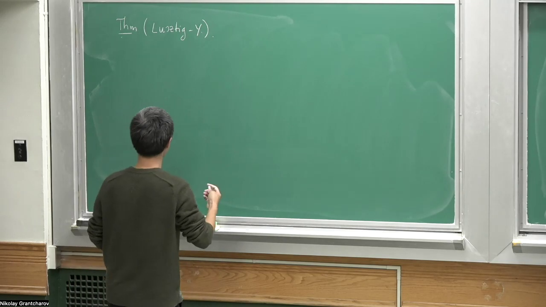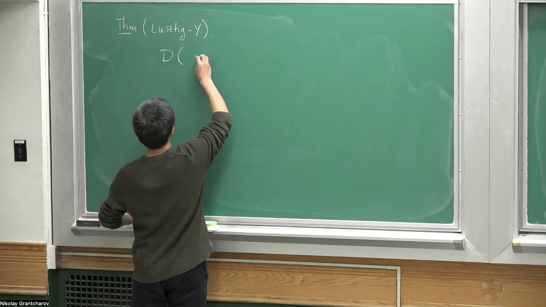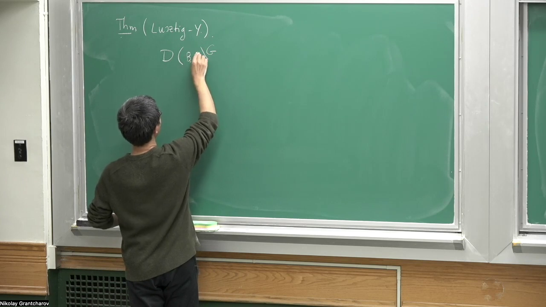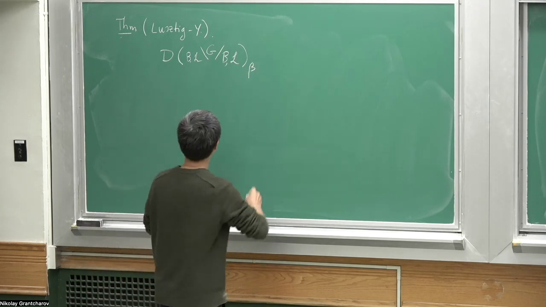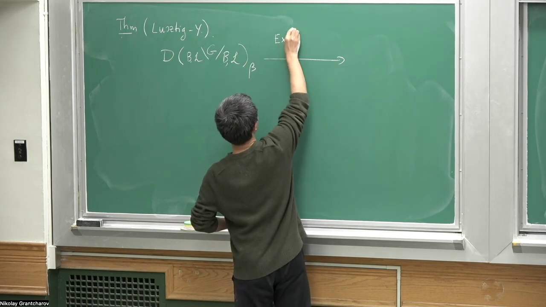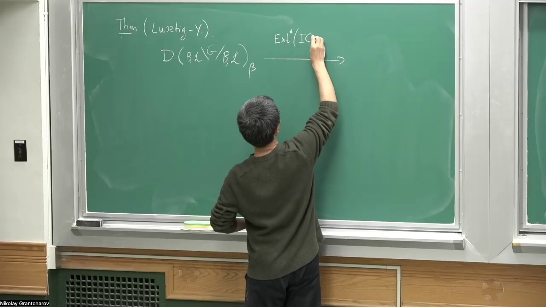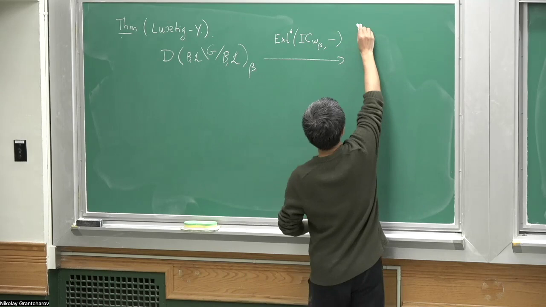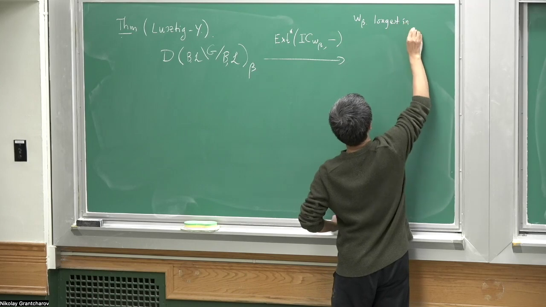If we work with a single block, we restrict to a fixed block, we consider this functor of X from this IC of W beta. So this W beta is the longest element in the beta block.